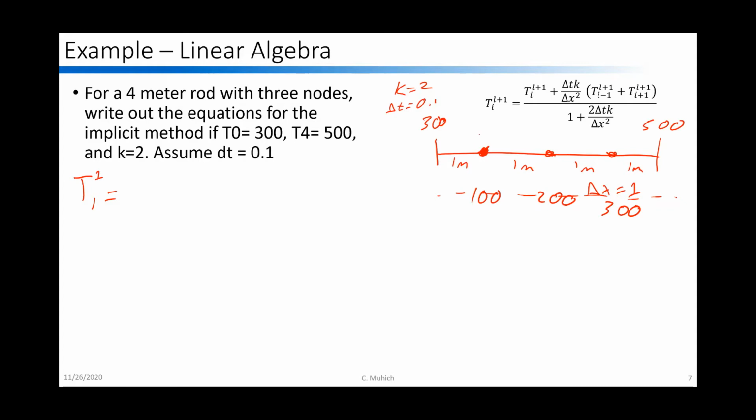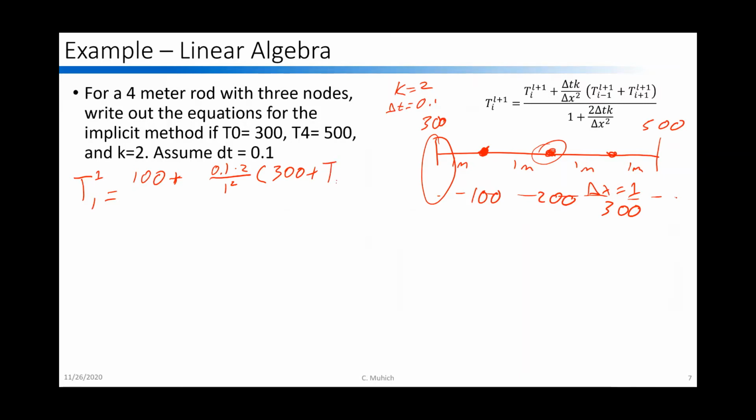So at this point, our initial condition is 100 plus delta t k, so that's delta t is 0.1, k is 2 over delta x, which is 1 squared, times our T_(i-1). Okay, so that's looking over at the boundary condition. So that's 300, plus this point to the right. We don't know what that is right now, so we have to leave that in there.